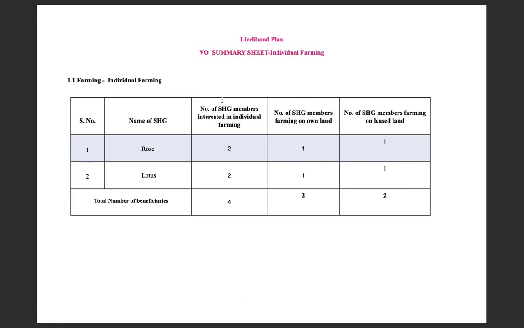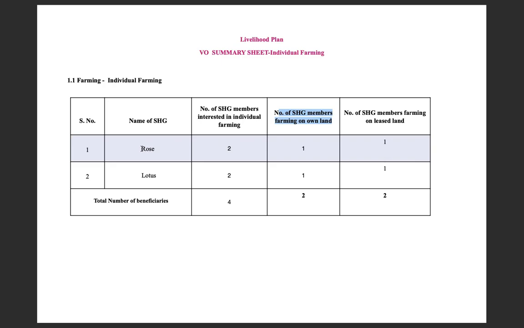While filling in the summary sheet, we have to make sure that we write the number of SHG members who are interested in individual farming, and then the number of SHG members farming on own land and the number of SHG members farming on leased land.